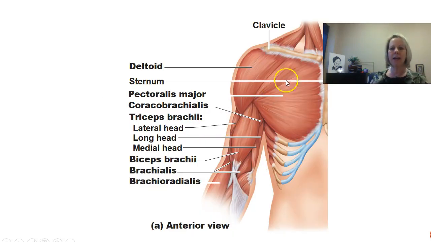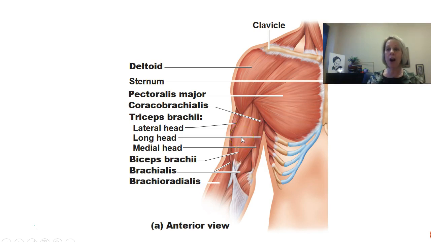Here is the pectoralis major muscle, and that is going to do the opposite of the latissimus dorsi. It's going to flex at the shoulder, but it also is going to adduct the arm. The triceps brachii muscle is on the back of the arm, and that is going to extend the arm at the elbow. And here we have a biceps brachii muscle, which flexes the arm at the elbow.